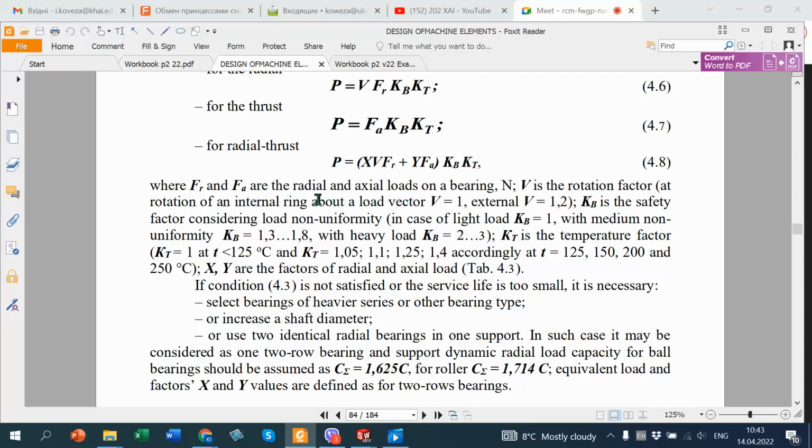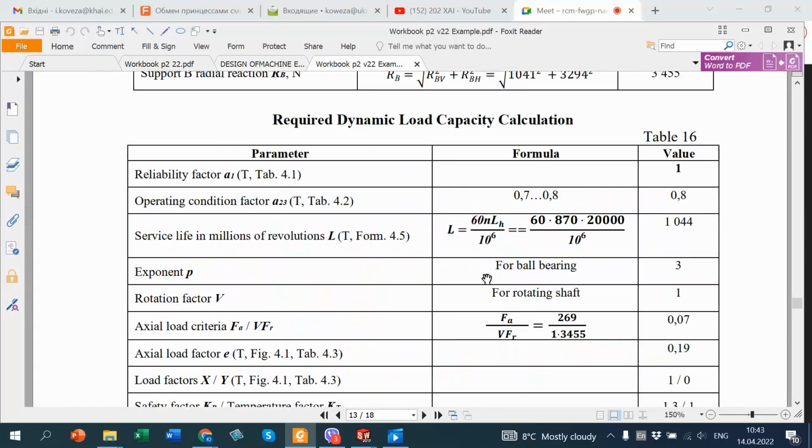When we have constant direction of load according to rotating internal ring of the bearing, V is 1. When external, V is 1.2. In our case, this parameter for rotating shaft is 1.